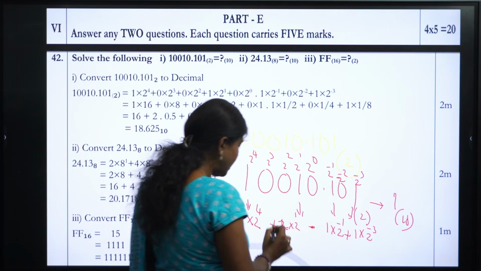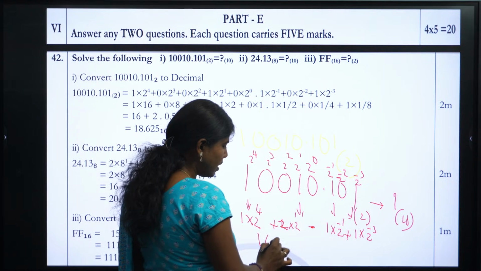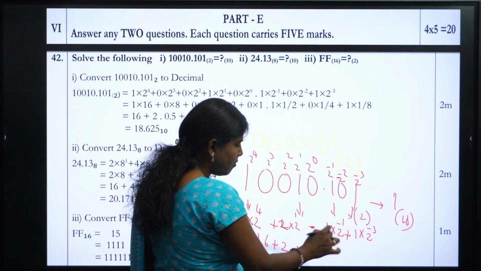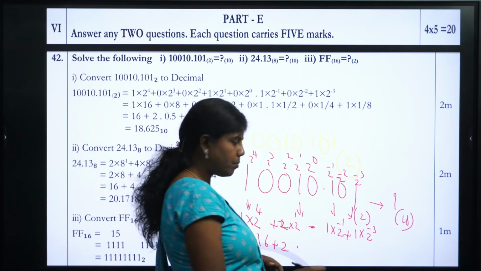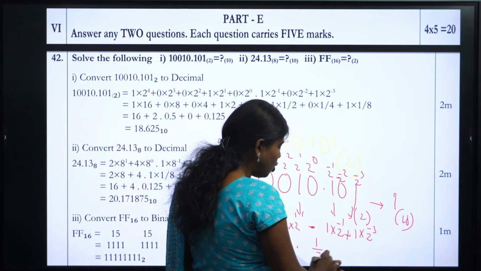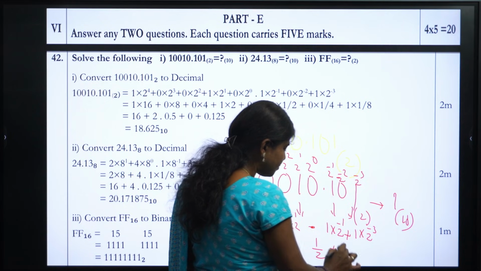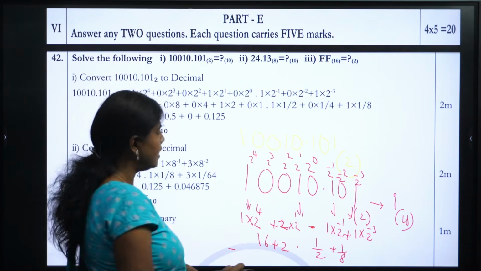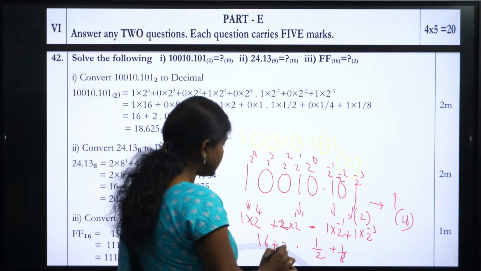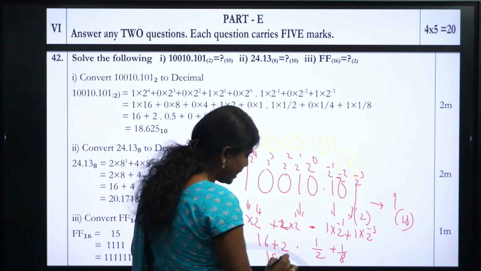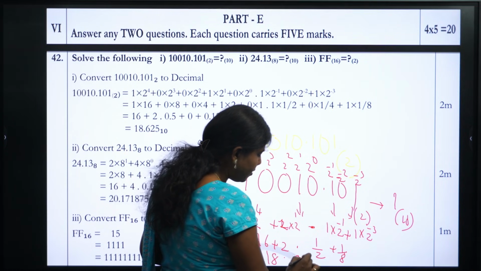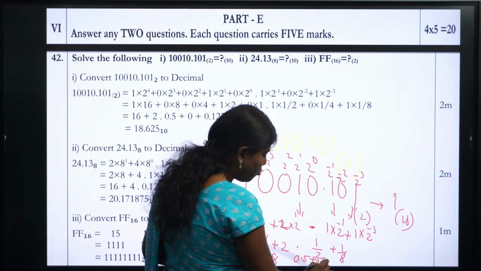That means 16 plus 2, dot, 1 by 2 (2 power minus 1 is 1 by 2) plus 1 by 8. So you can just consider here, this is 18. What is this? 0.5 plus 0.125.